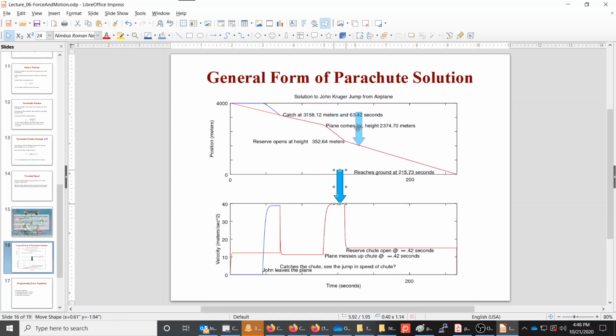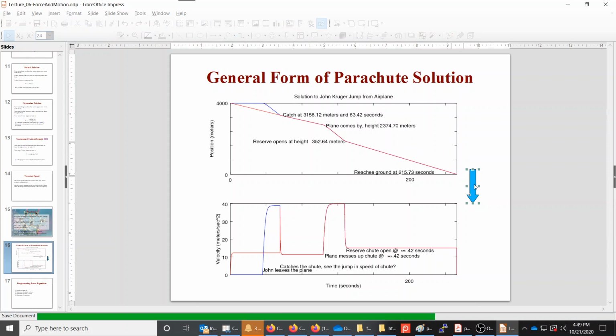But now he's falling until he actually reaches the ground. So again, with this simulation, your numbers are going to be different than this, but when you're done, we're going to do this in multiple parts, your simulation should look very similar to this one.